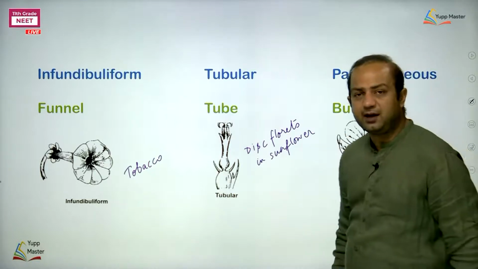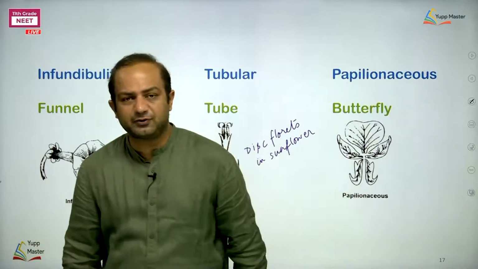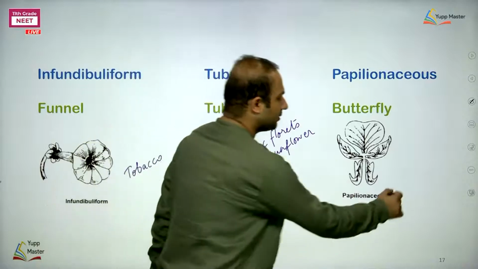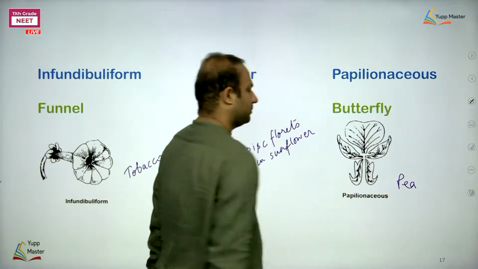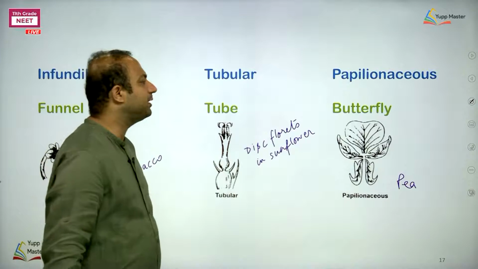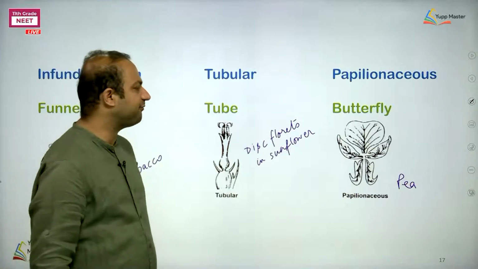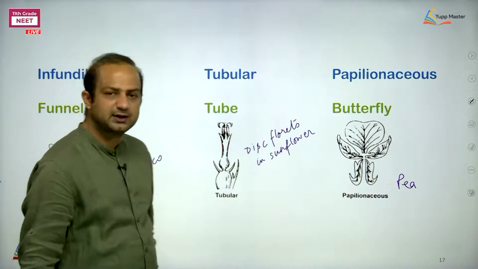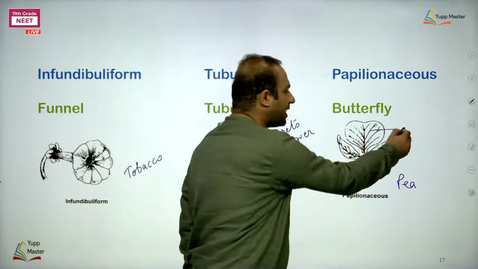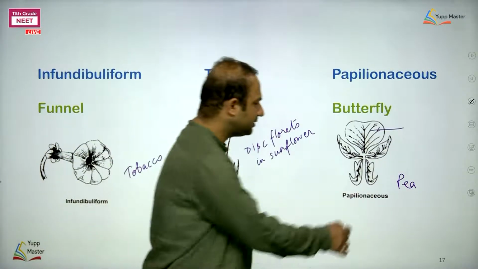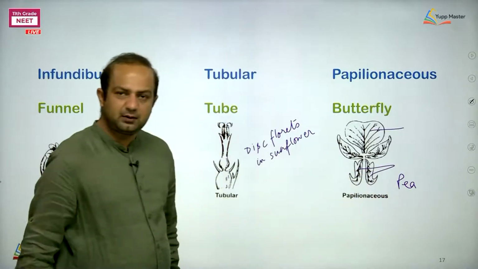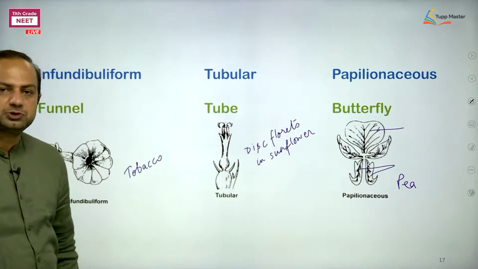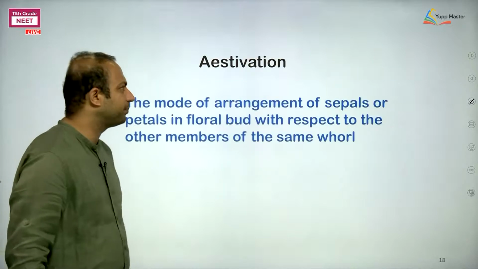And this butterfly type of thing is seen in pea. Clear? Papilionaceous corolla or butterfly shaped corolla, pea, bean, gram, such are the examples showing this. See, this is a large petal. Okay, these are very small petals. Fine. That type of thing we used to study about papilionaceous corolla.